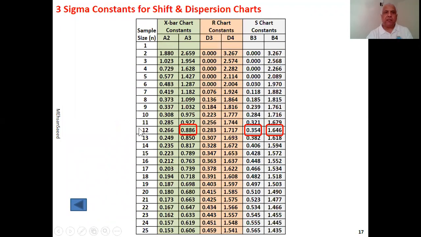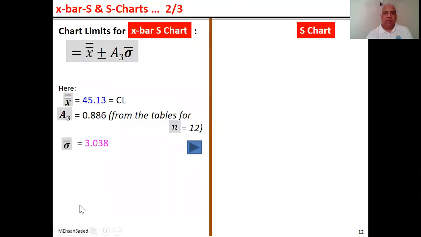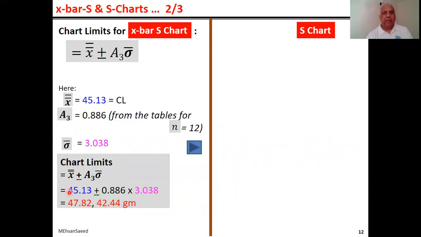So we enter this chart at n equal to 12, and we find that A3 has a value of 0.886. So we simply enter this value in the formula. We have got everything now: 0.886, 45.13 from the last slide, 3.038 also from the last slide, into the formula, and we get an upper control limit of 47.82, was it grams? Yes, it was grams, and lower limit 42.44 grams.